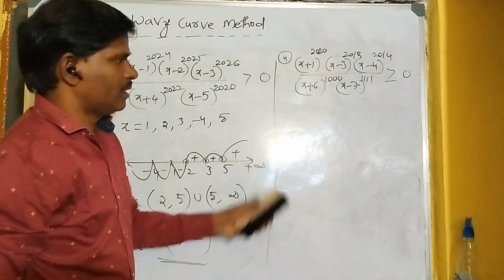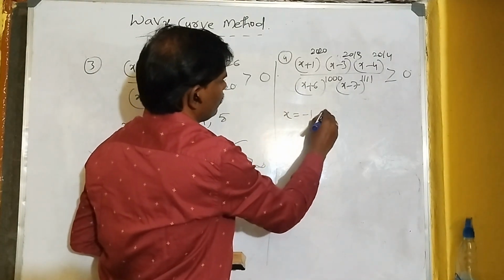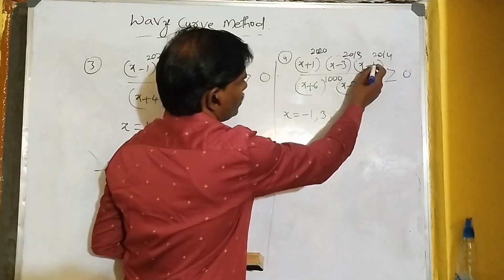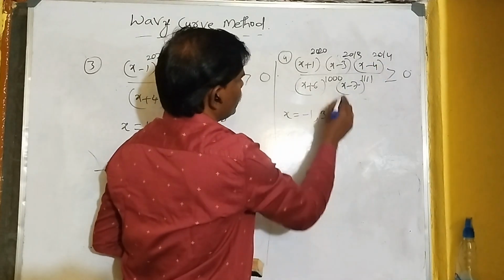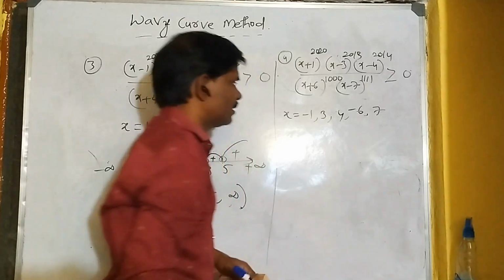In this case, x is equal to minus 1, 3 and x is equal to 4. Next, x is equal to minus 6, x is equal to 7.